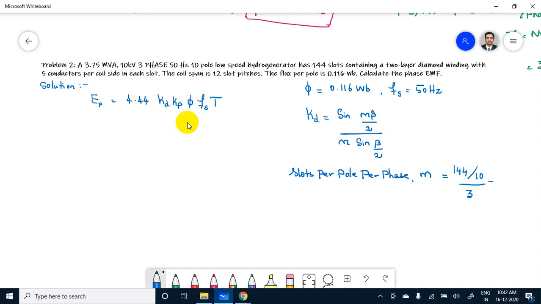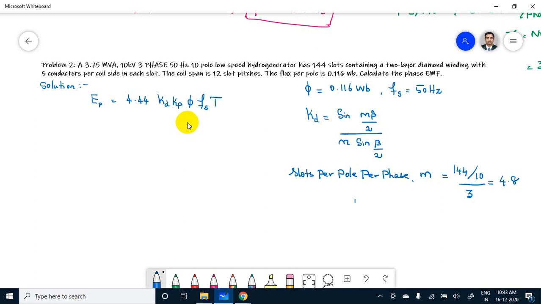So 144 slots, pole 10, phase 3. So 144 divided by 10 divided by 3. So how much? Can anyone please give me the answer? Students, girls? 4.8. Okay, m equal to 4.8.